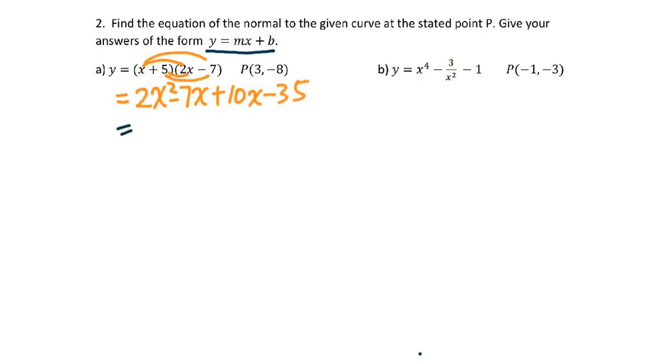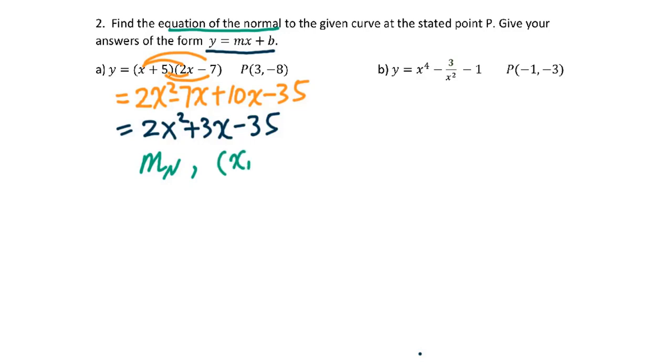Then you combine like terms: 2x squared plus 3x minus 35. Since we are looking for the equation of a normal line, we need to figure out the slope of a normal line and the x1, y1. The x1, y1 is given, that is 3, -8.